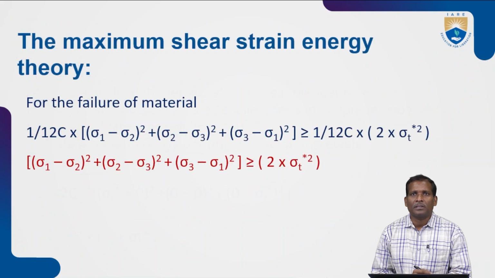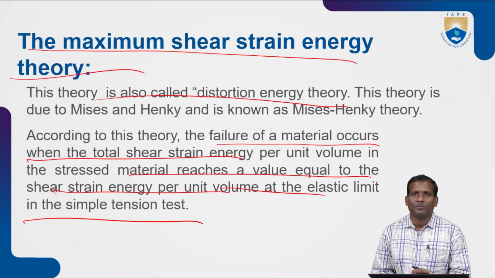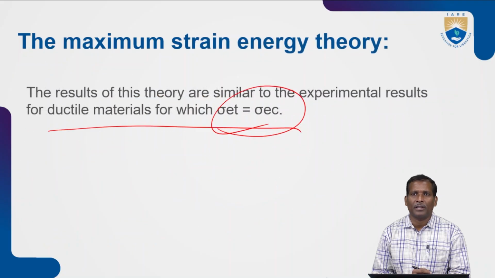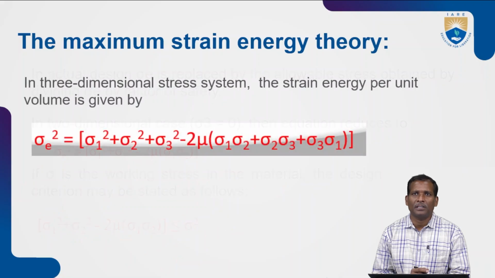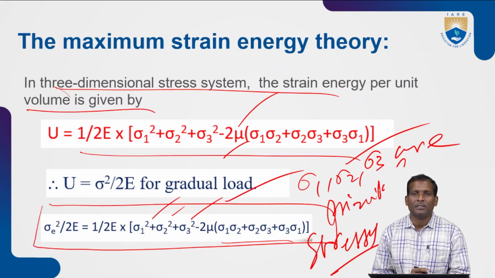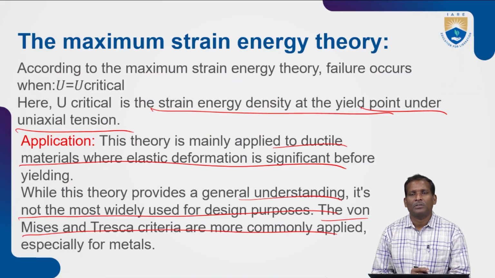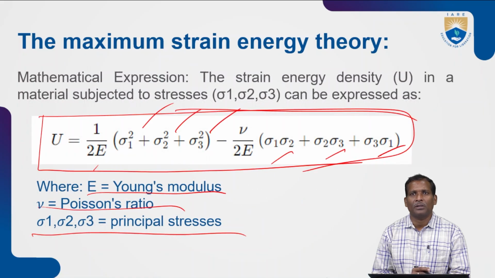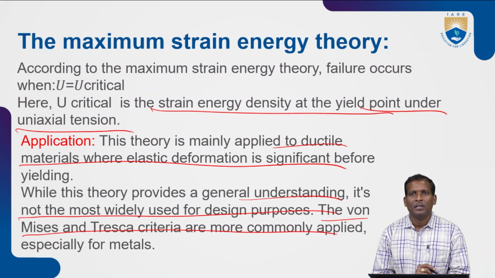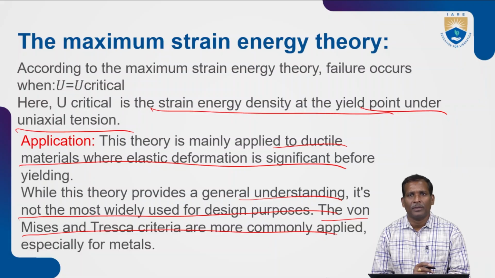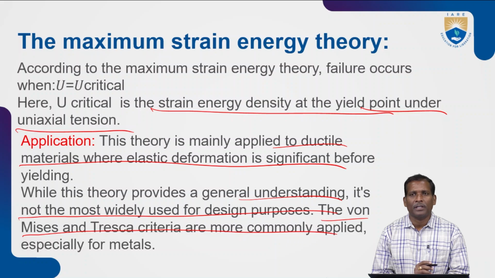So in this session we have discussed the strain energy theories. There are two theories: the maximum strain energy theory and the distortion energy theory. We have seen the mathematical expression with Young's modulus, and the applications also. It is mainly applied to ductile materials where elastic deformation is significant, and it provides general understanding only.